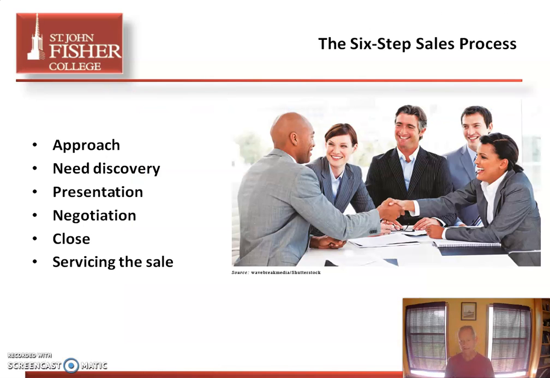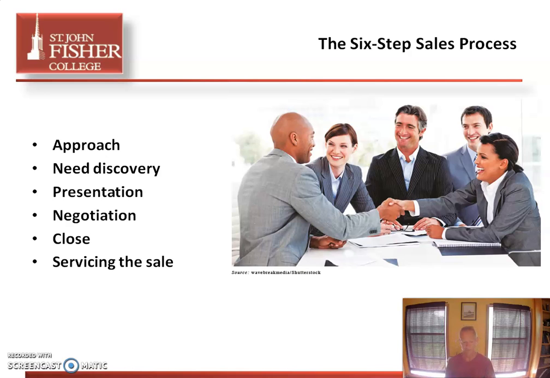Now, our tactical sales approach is a 6-step approach. You have the approach, which is what we're going to talk about in this particular chapter. You have your need discovery, which is truly one of the most important parts.